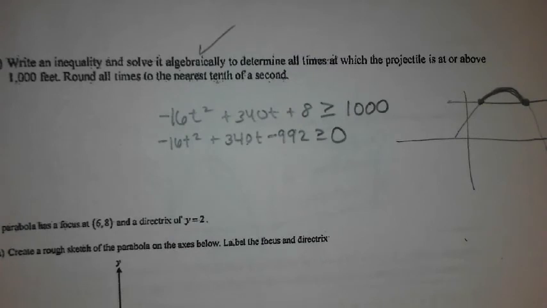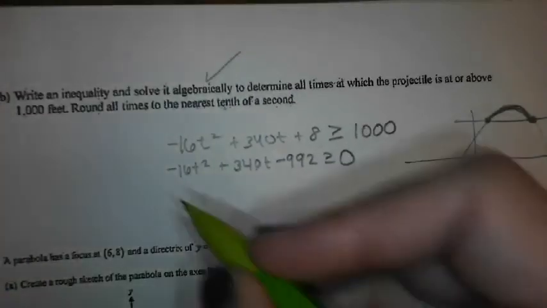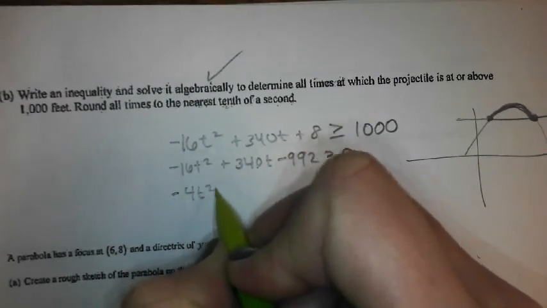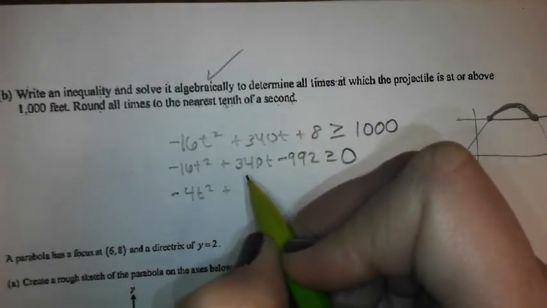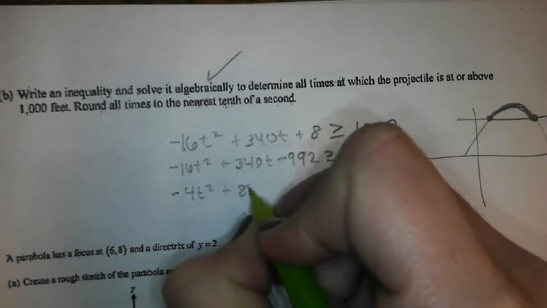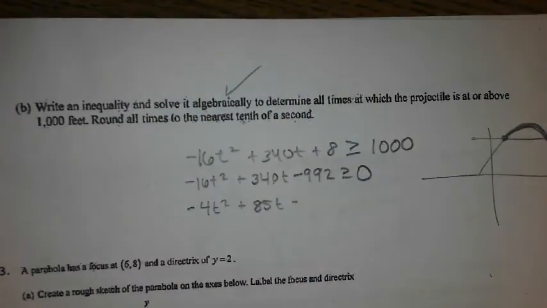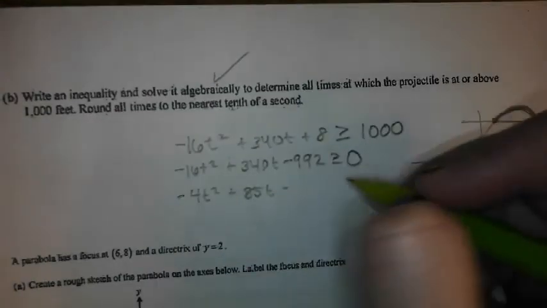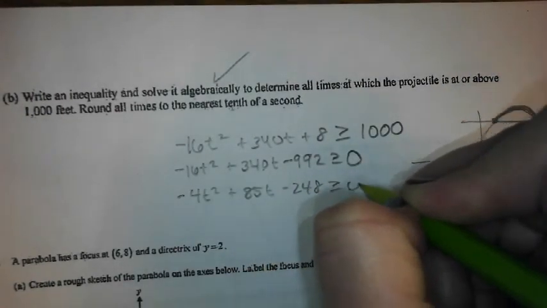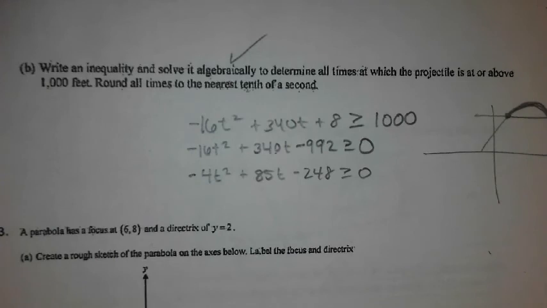Maybe 4 to start. What about 8? 340 divided by 8. Nope. So I think 4. 992 divided by 4. By the way, when you go to take out a GCF when you're solving, you don't actually write it out in front, right?